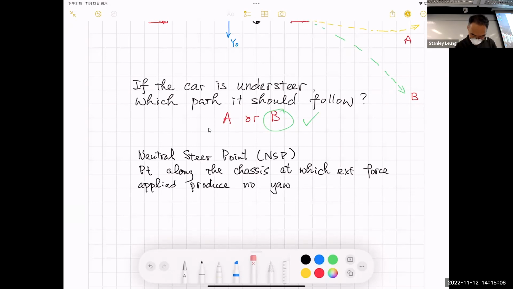So there you have moment, no yaw velocity. So no rotation, that means your neutral steer, right? Okay, your velocity, it is your angular velocity.